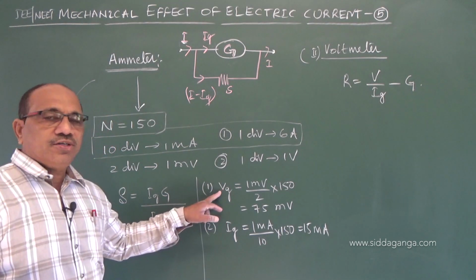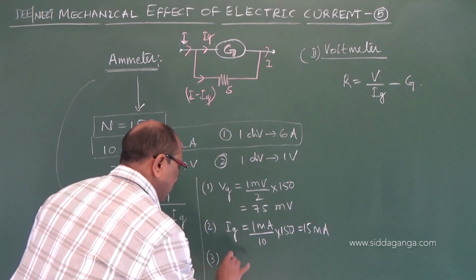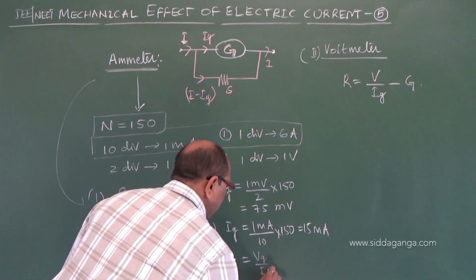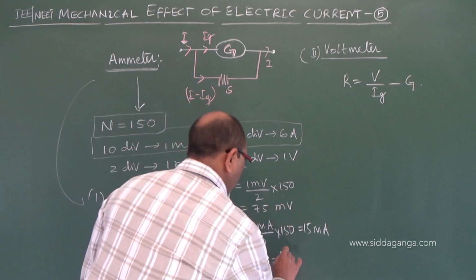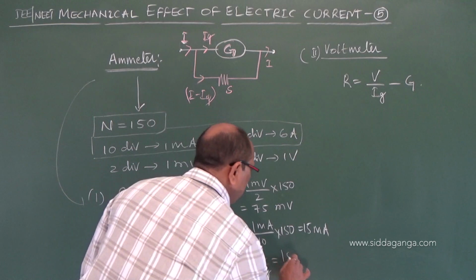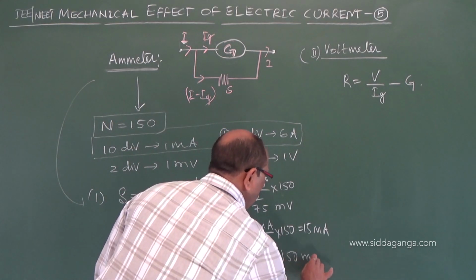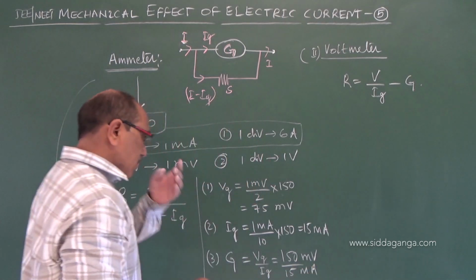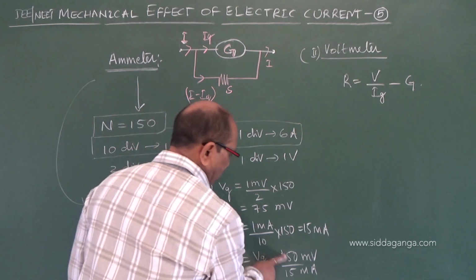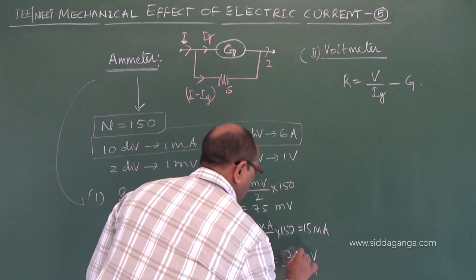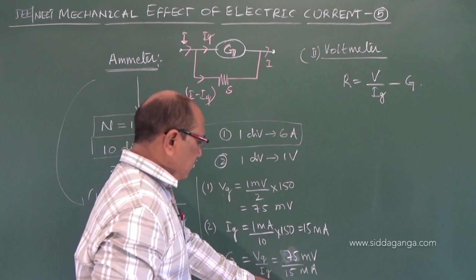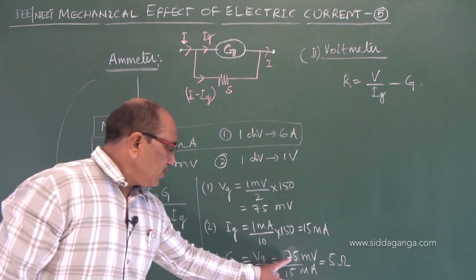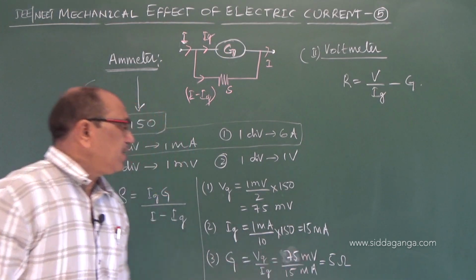So this helps you to calculate G, that is Vg by Ig. Vg is 75 millivolt divided by 15 milliamps, which is 5 ohm.